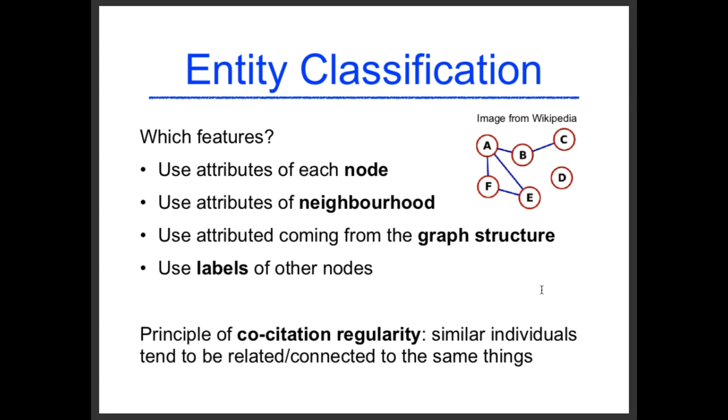So that would also be an interesting set of features to use. Up to now, we are talking about attributes of the entity itself or other entities. And so we are still in a framework where, in principle, you could use traditional machine learning algorithms.